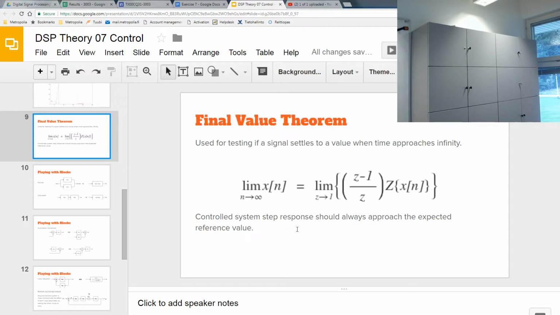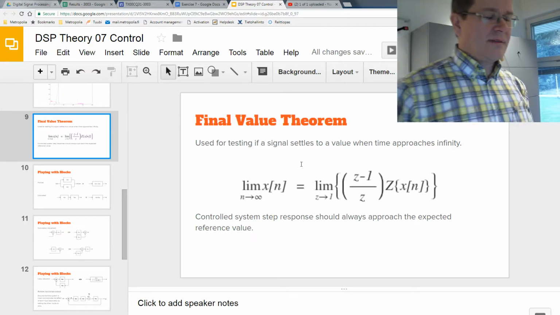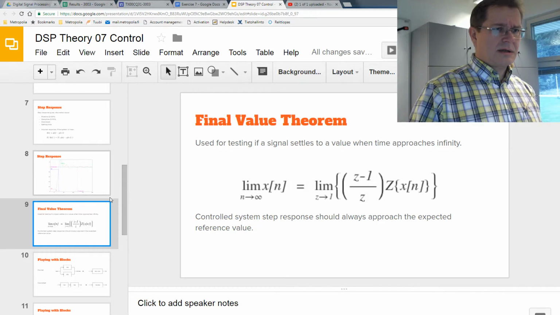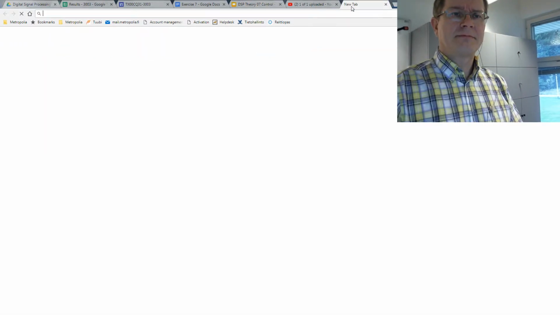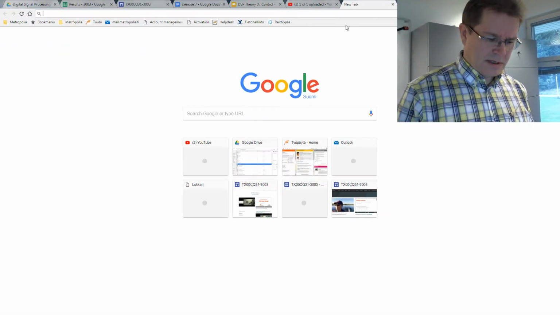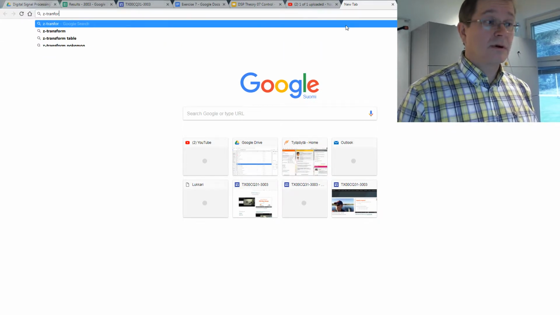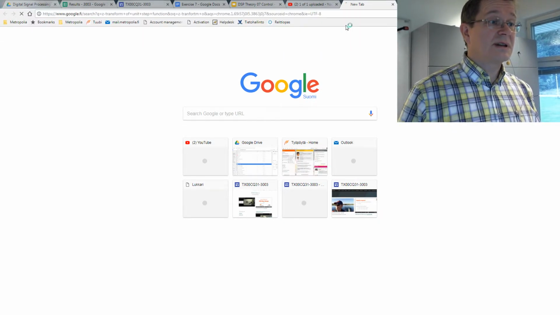We are not interested in any other. Okay, so basically what we need to know first is what is the z transform of a step function. I think I actually added a link to, let's see, the z transform of the unit step function.